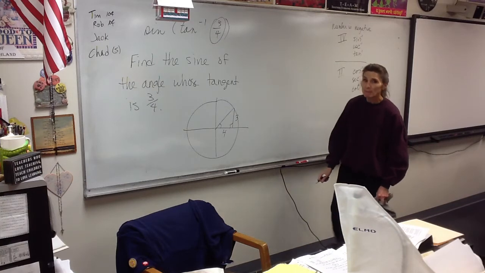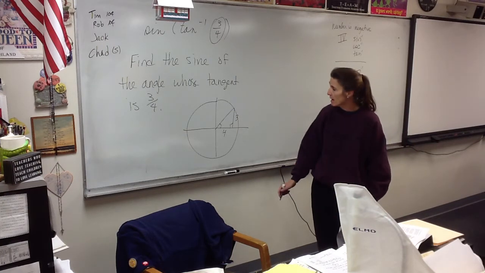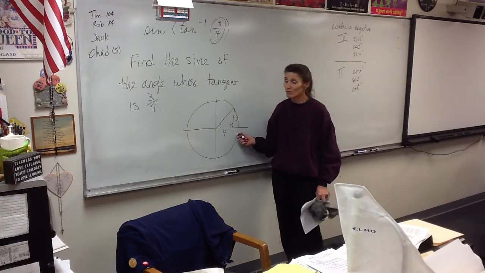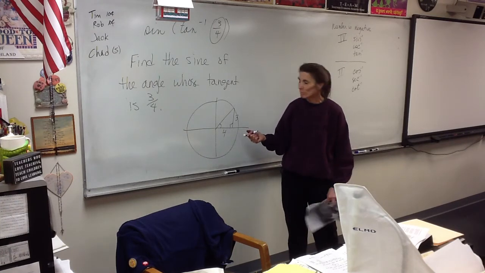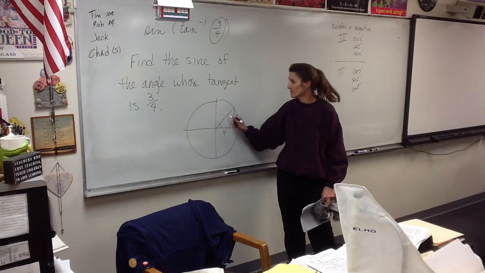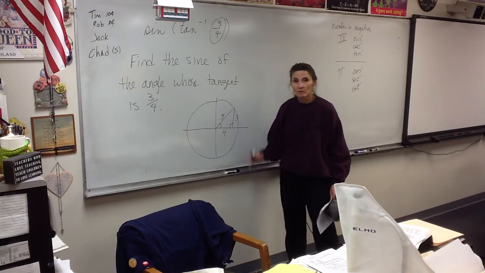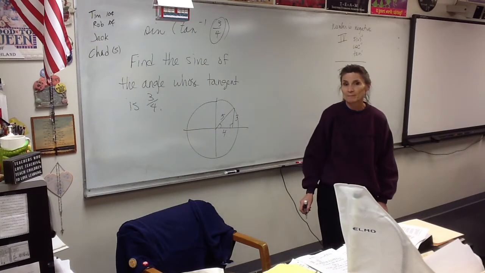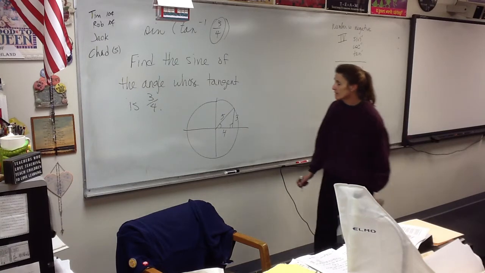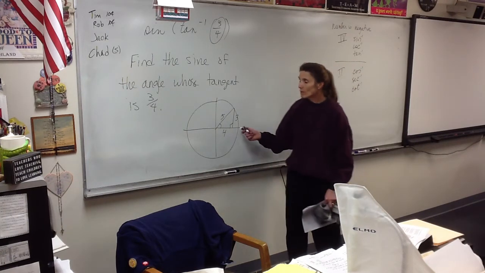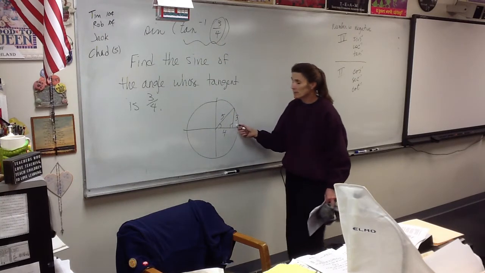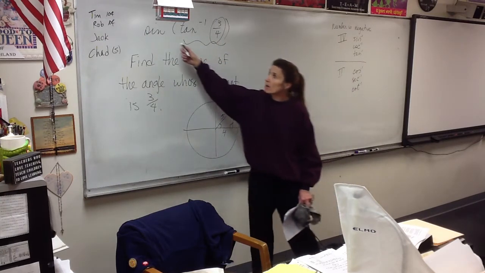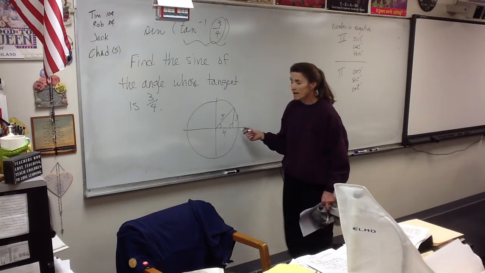So I will do the Pythagorean Theorem. This is not one of my special memorized 30, 60, 90 type triangles. But I do know, because I've seen this one before, that when I do the Pythagorean Theorem, this will be 5. 3 squared plus 4 squared. Now, what do I want to know? I want to know what's the sine.